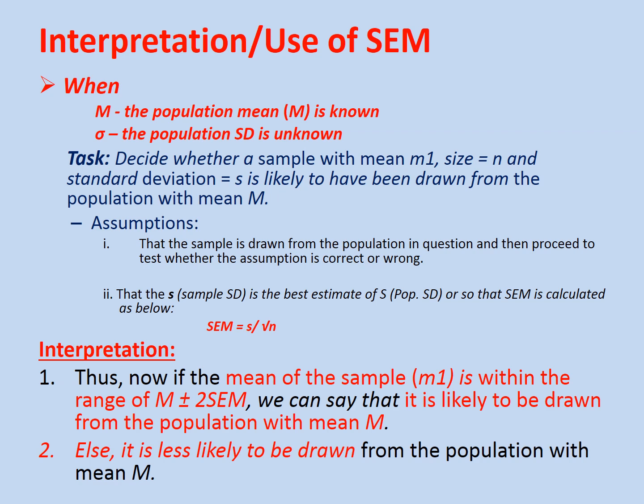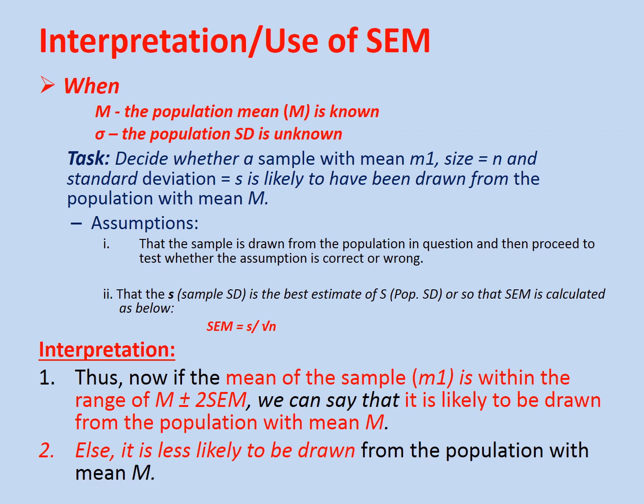Whatever sample we have selected, we have to decide whether that sample is drawn from the population of Loni town or not. That is the task. The assumption here is that the sample is drawn from the population in question, and then we proceed to test whether the assumption is correct or wrong.